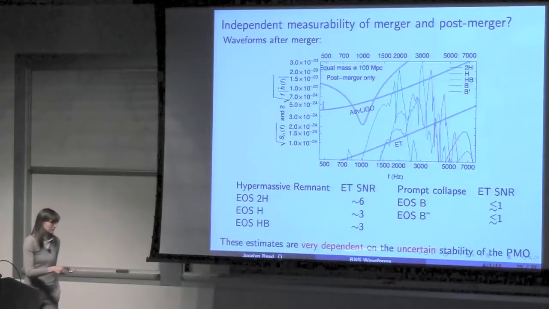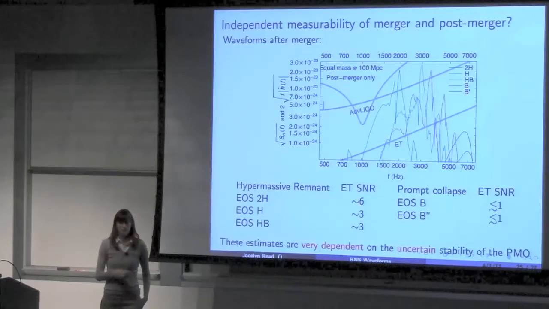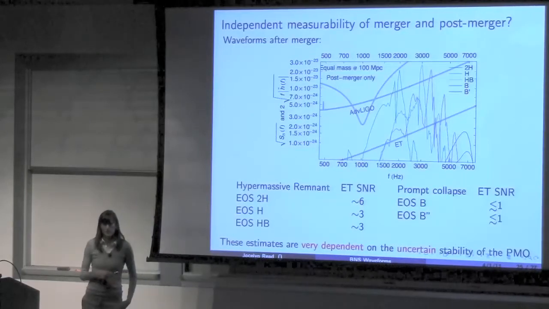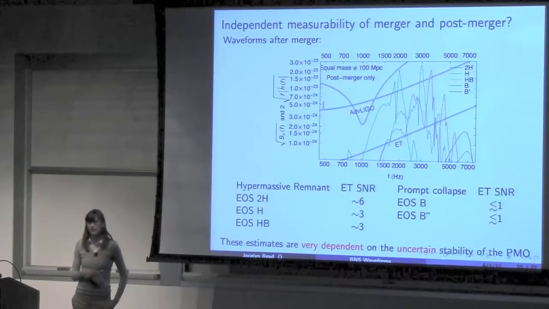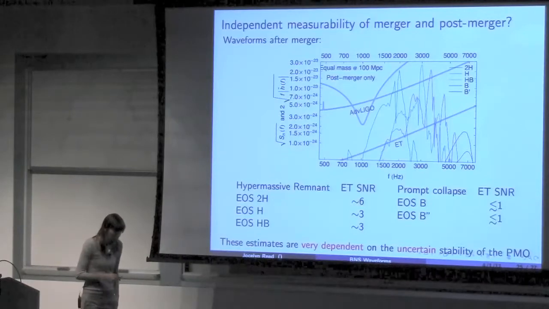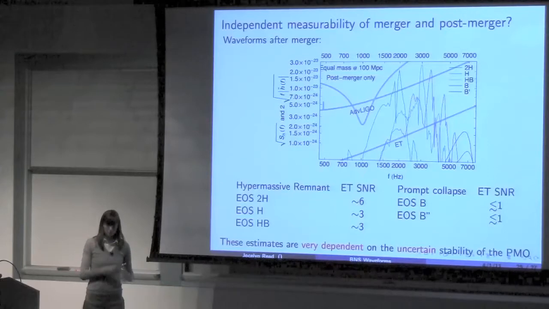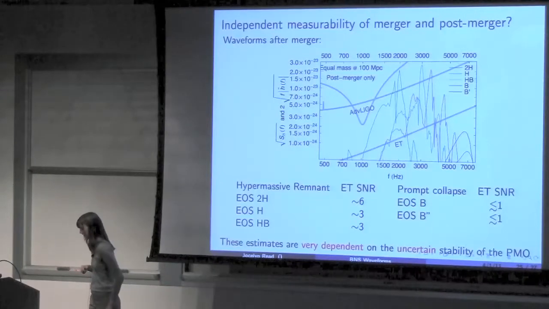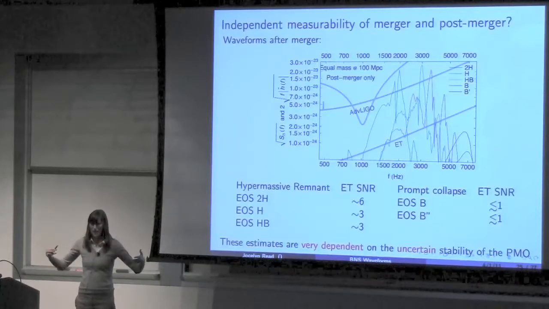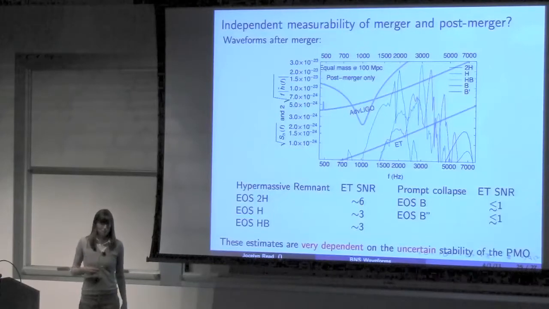There's a caveat that these are very dependent on the stability of the post-merger oscillating object. Eventually viscosity or magnetic braking, probably magnetic braking, is going to kill it, and that's not in our simulations. What people think the length scale of this can actually be varies wildly, and the time until a sudden collapse is not convergent in the simulations, not surprisingly.